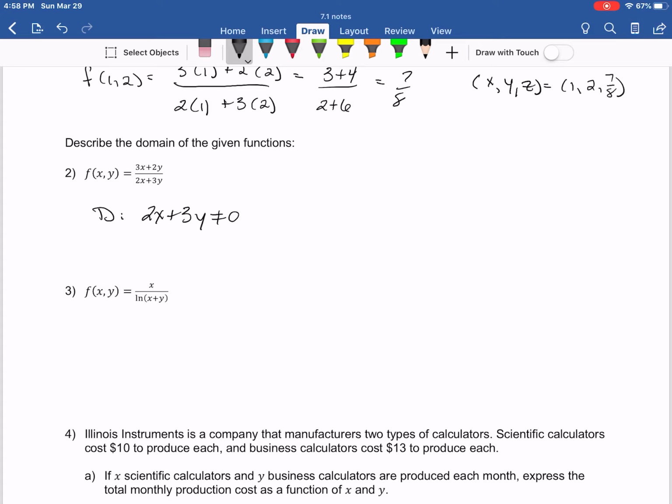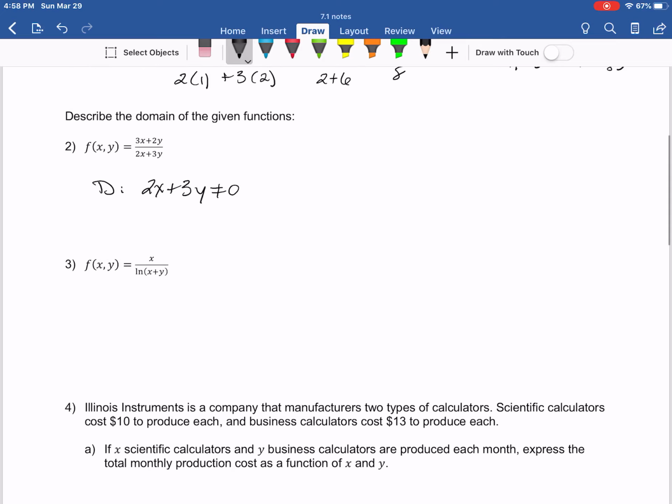But I'm going to talk about this just a little bit more. This would equivalently say that 3y cannot equal negative 2x. In other words, y cannot equal negative 2/3 x. So if you think of the set of points that are not allowed to exist for this particular function, that would be any point that's on this line, which goes through the origin. Let's see, it's going to go down 2 and to the right 3.